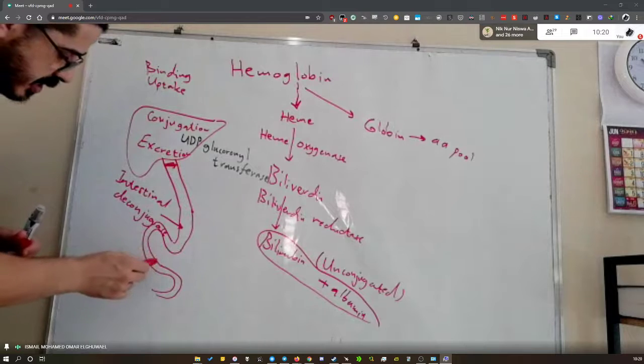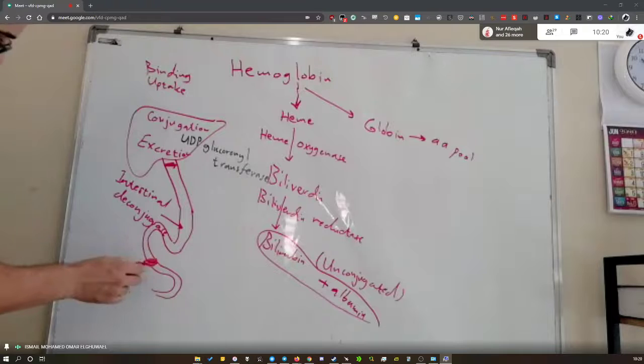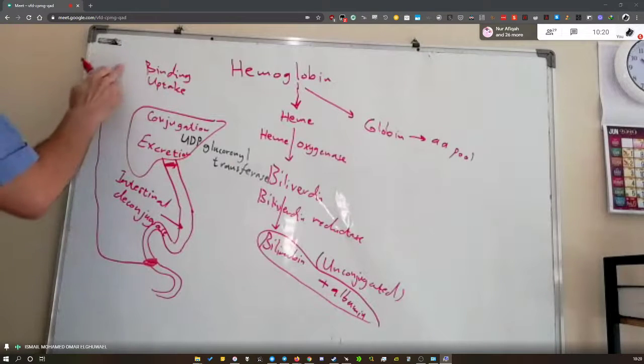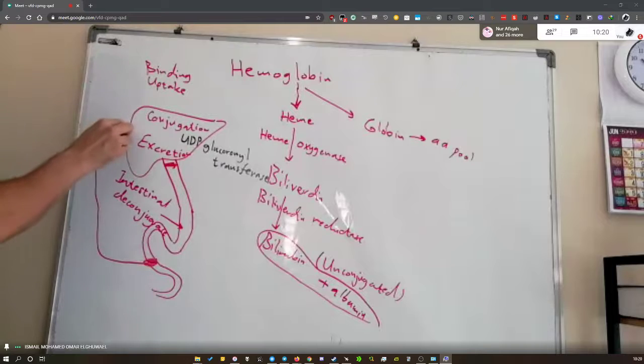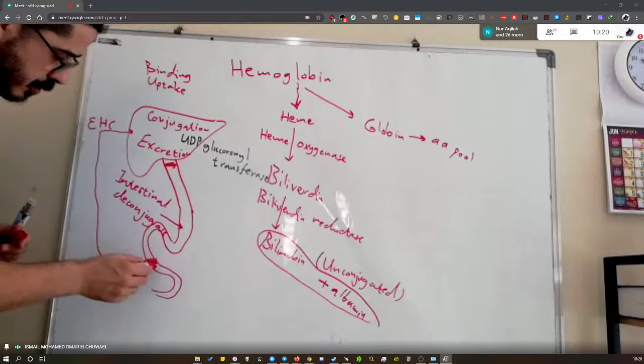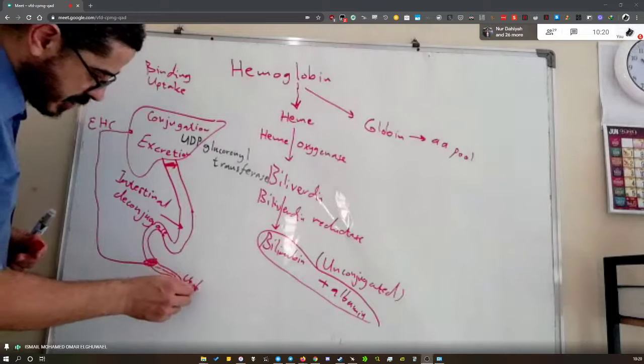The bilirubin released here, the unconjugated, goes for enterohepatic circulation. The part which does not go into enterohepatic circulation becomes urobilinogen by the action of bacteria.